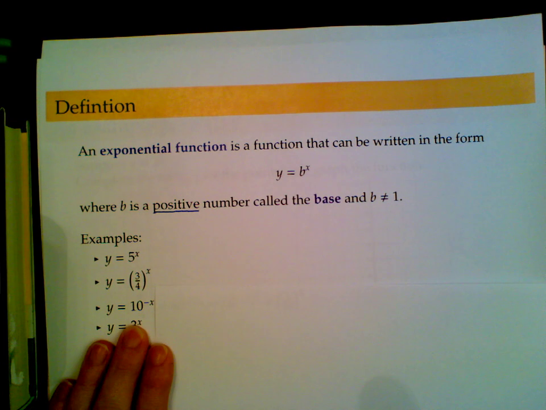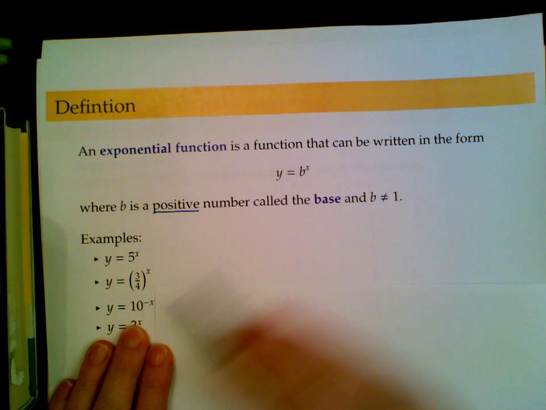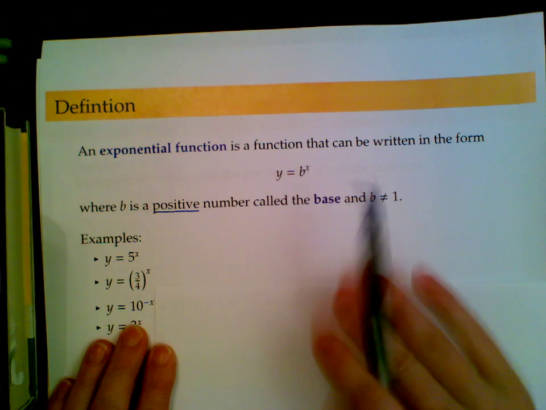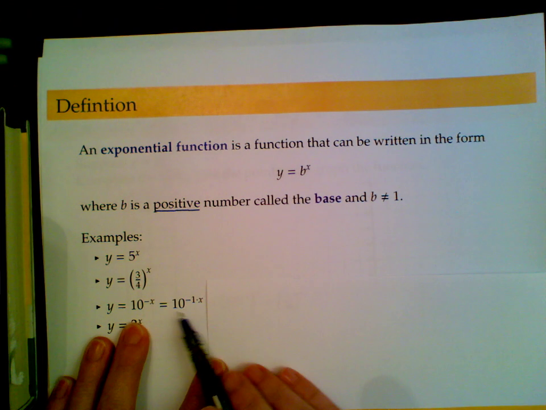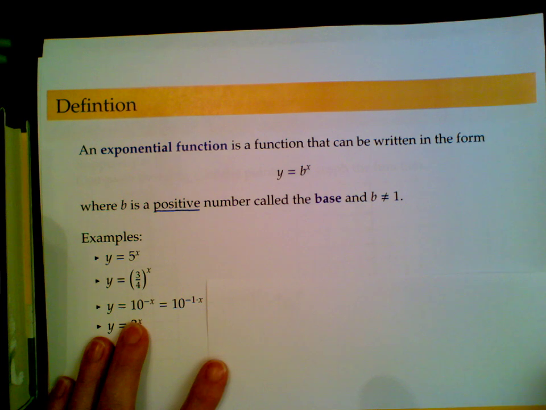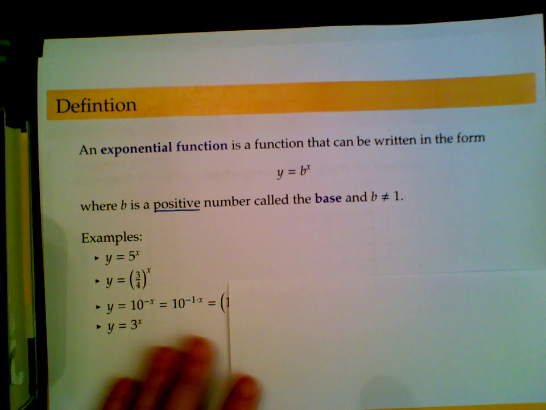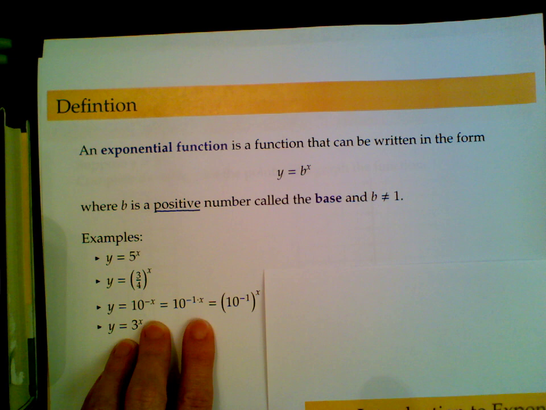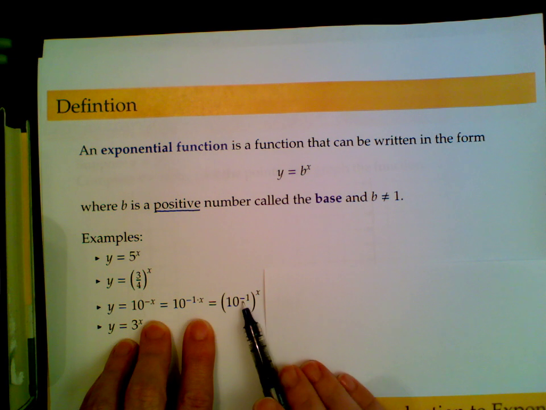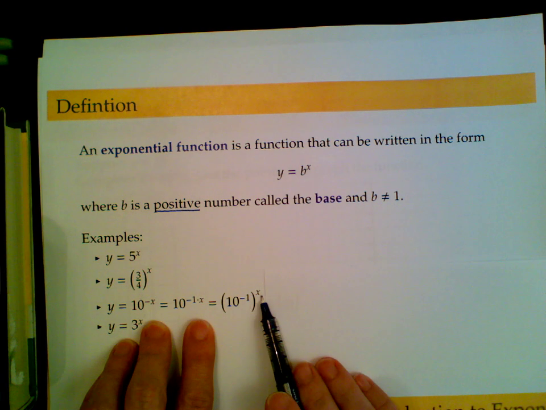So if I have 10 to the negative x, at first that doesn't look like it fits into the pattern, but I can rewrite that as 10 to the negative 1 times x, which is, according to our review of exponential rules, 10 to the negative 1, to the x.